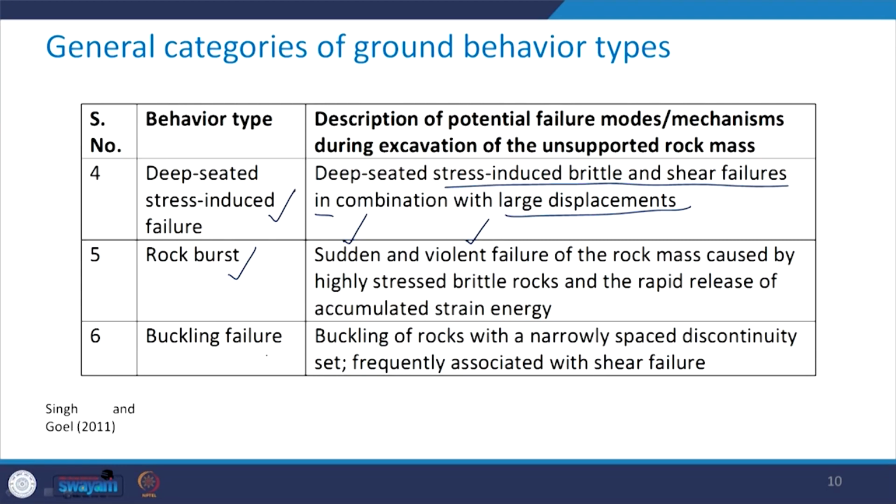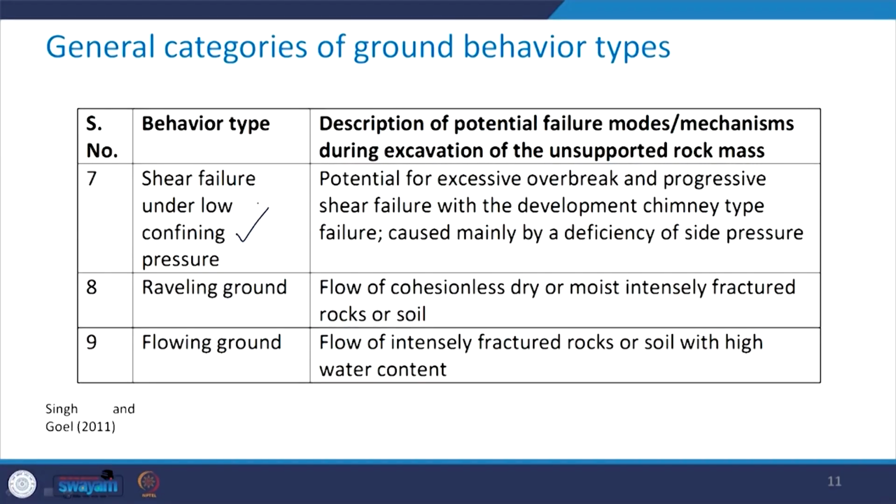The sixth one is buckling failure, in which buckling of rocks takes place with a narrowly spaced discontinuity set, and it is frequently associated with shear failure. The next category is shear failure under low confining pressure.